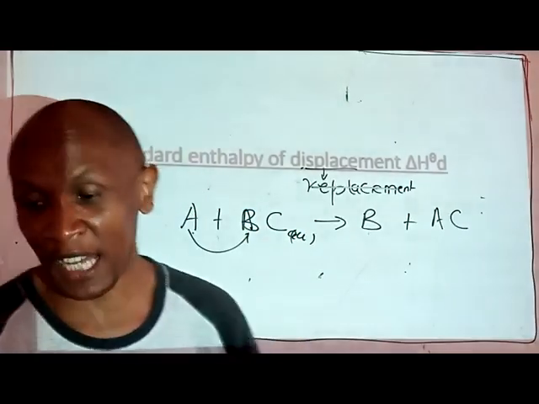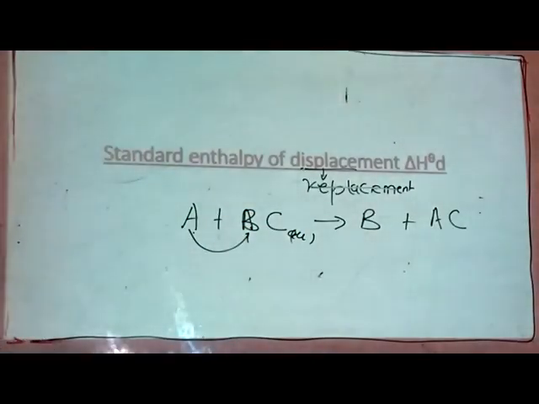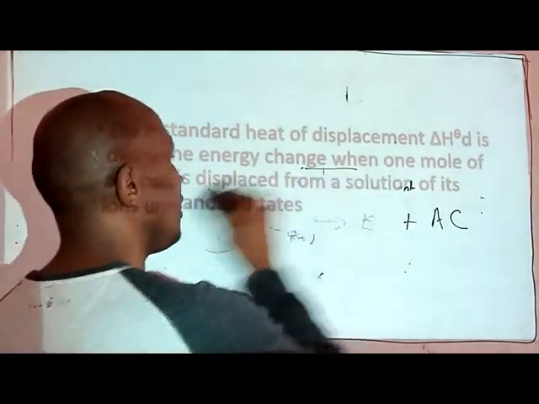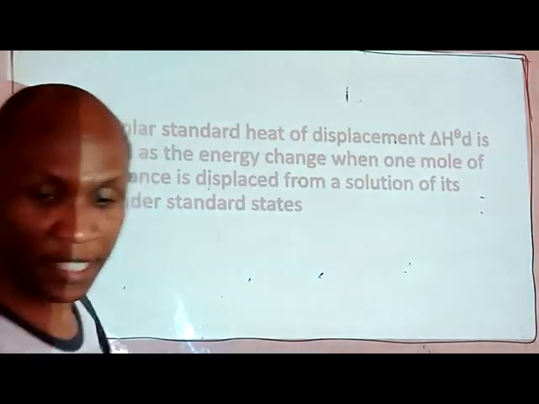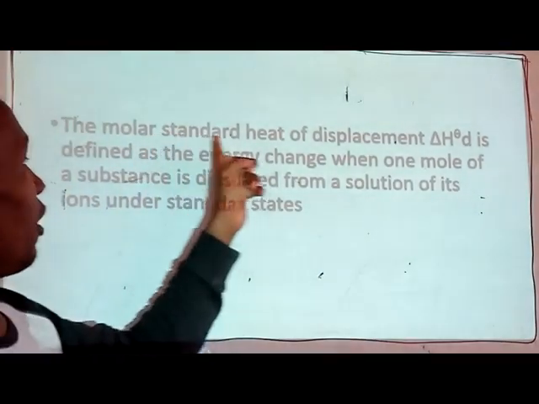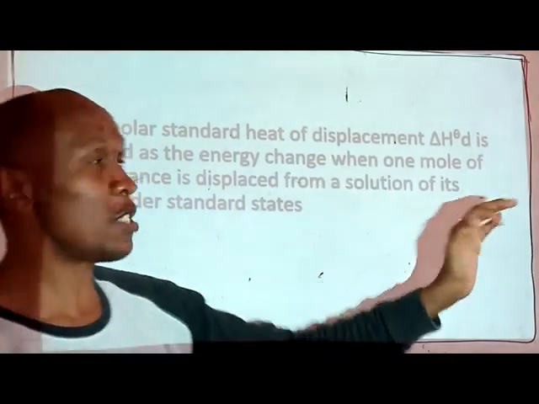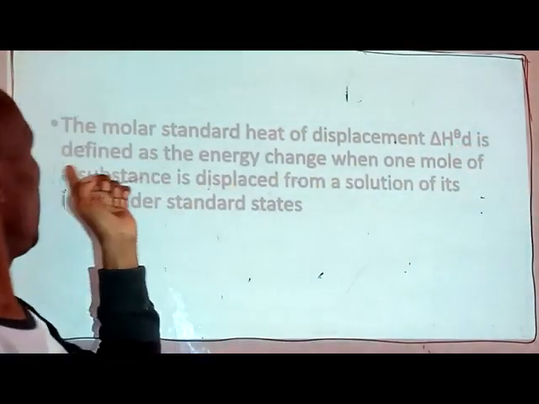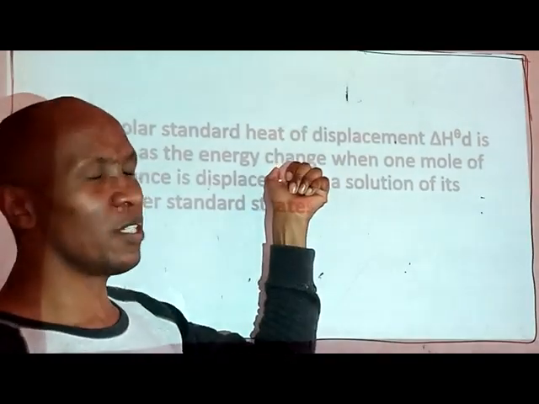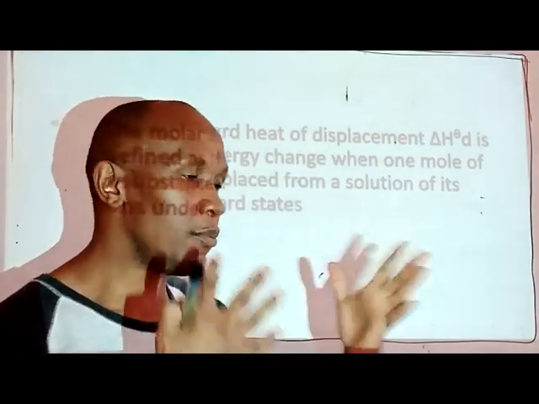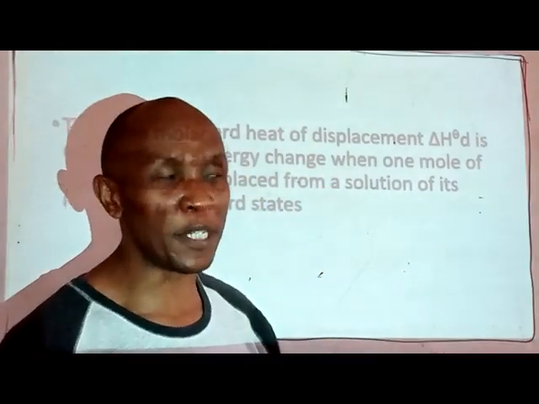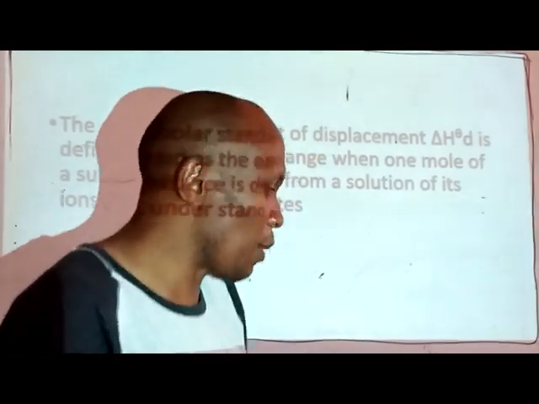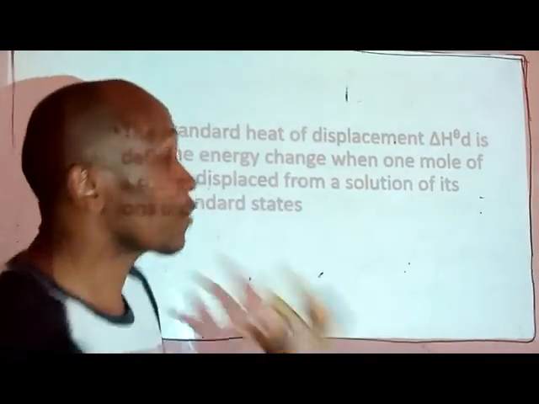So, what is enthalpy? The standard enthalpy of displacement. So, there we are. That is going to be our working definition. So, the molar standard enthalpy of displacement, that is delta H naught D, is defined as the energy change. So we will talk of the energy change because we don't want to commit ourselves. But I think all displacement reactions are going to be exothermic.